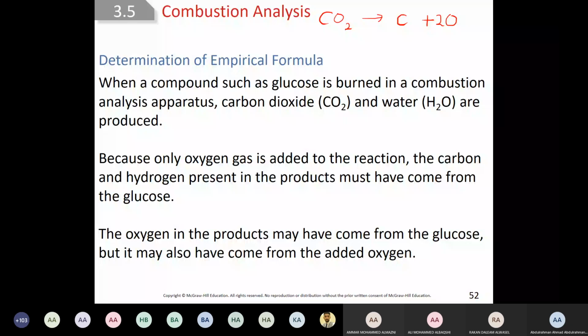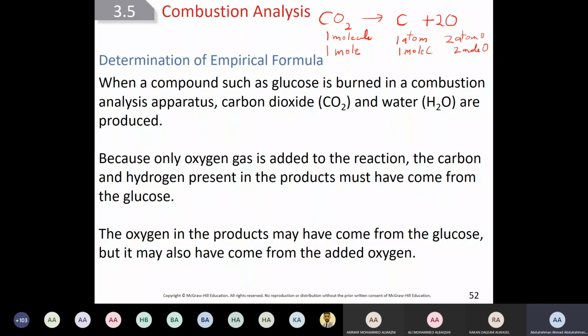This means one molecule will give you one atom of carbon and two atoms of O. Instead of molecule, I can say 1 mole of CO2 will give you 1 mole of carbon and 2 moles of oxygen.